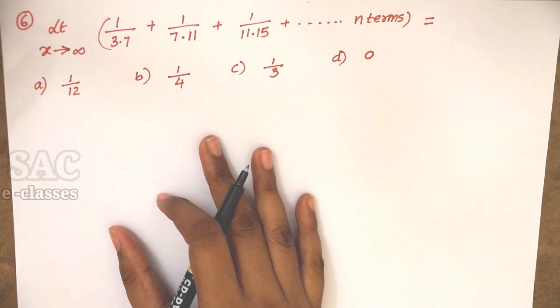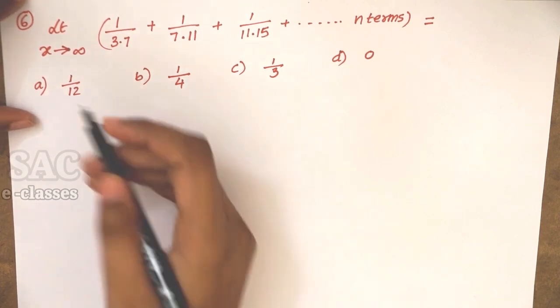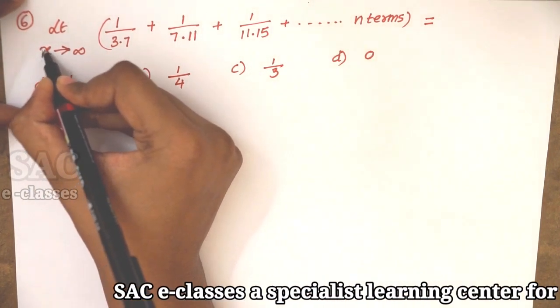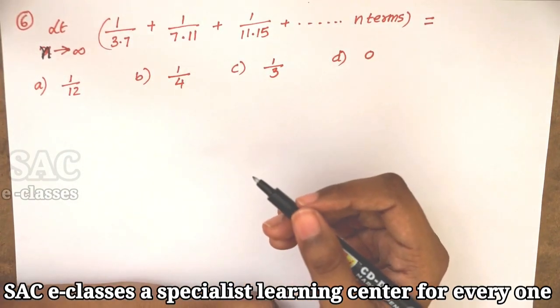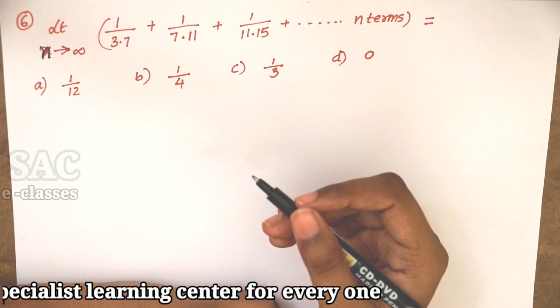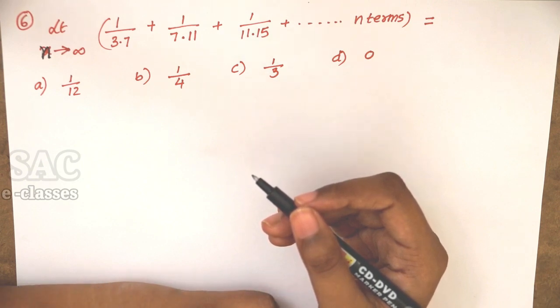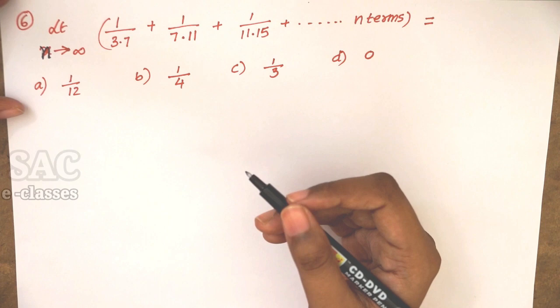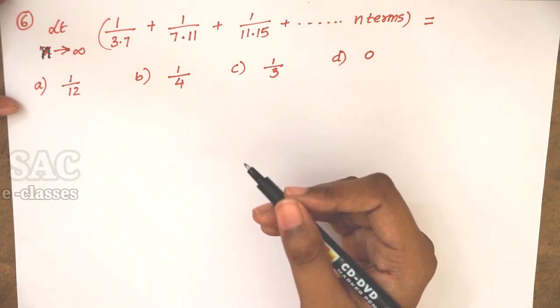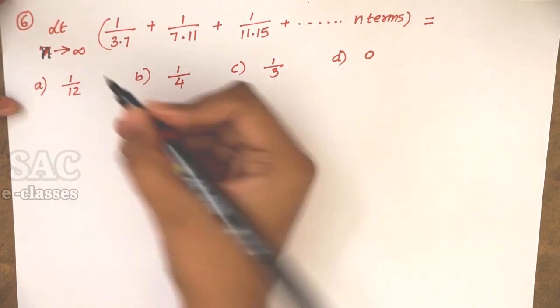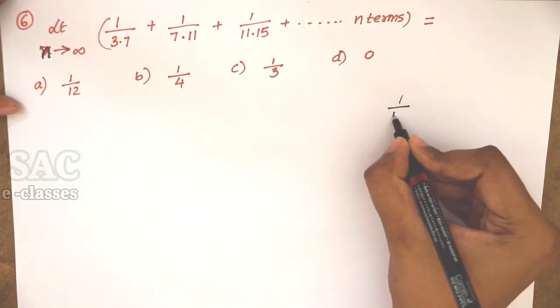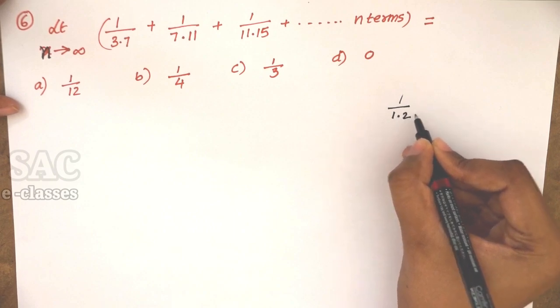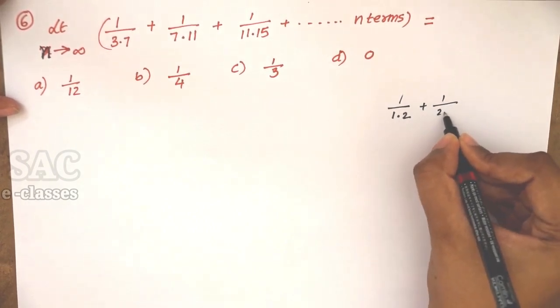Now look at problem number 6. How to calculate the limit as n tends to infinity of 1 by 3 into 7, plus 1 by 7 into 11, plus 1 by 11 into 15, and so on to n terms? How can we calculate here? Let's take an example. If the first term is 1 by 1 into 2, the second term is 1 by 2 into 3.